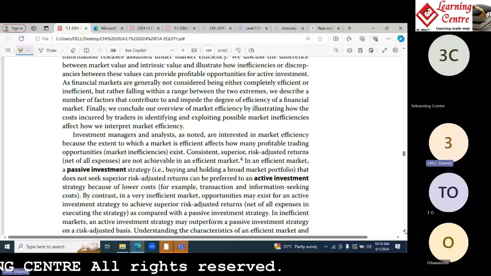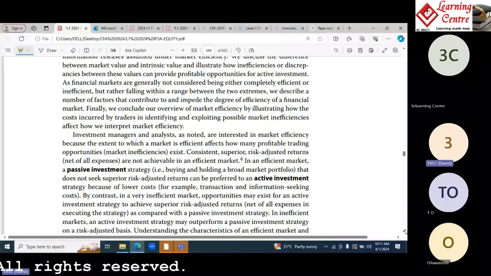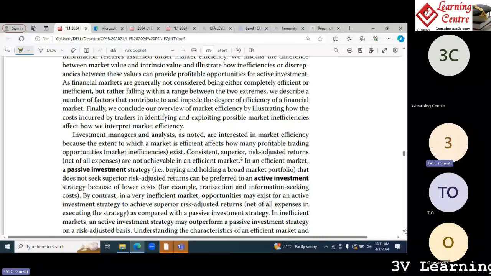So as a result of that, you take the market prices as the right price, and you do not see room to make abnormal returns. You take the price that the market gives you as being true and fairly valued.